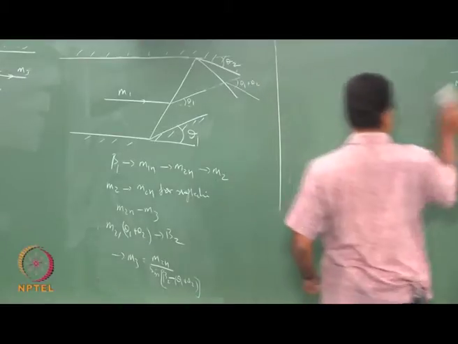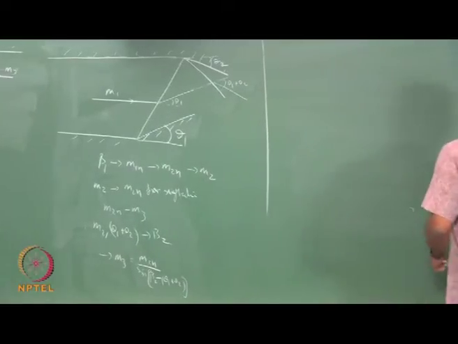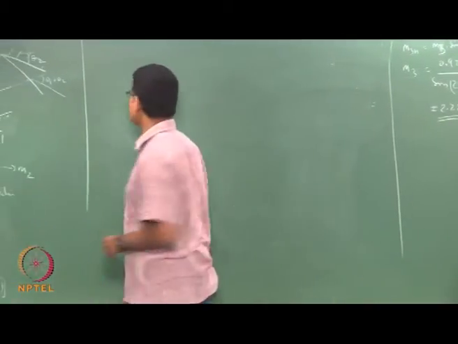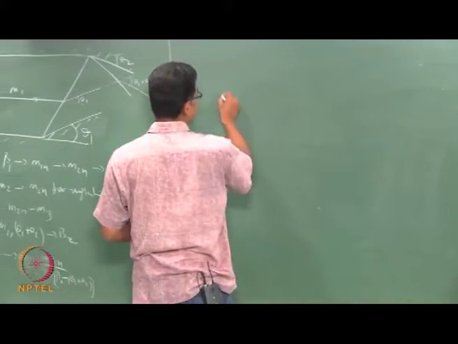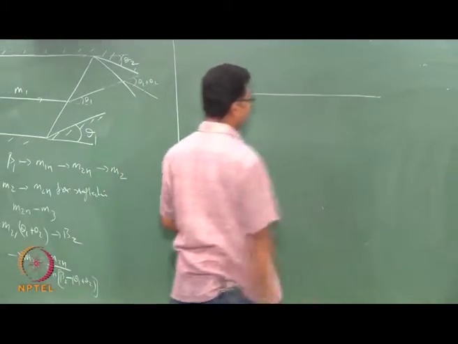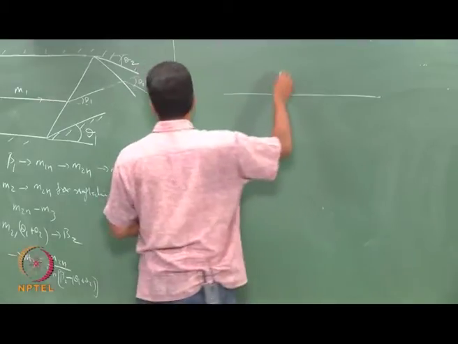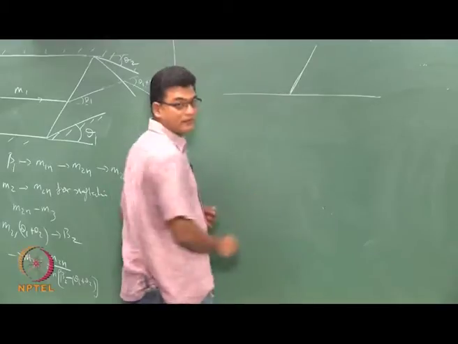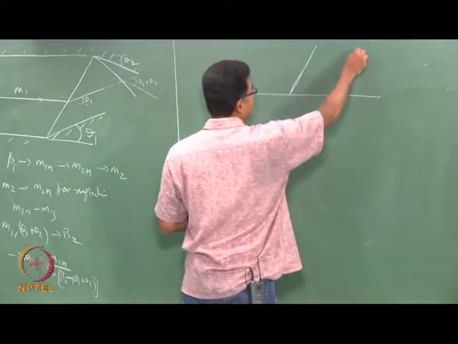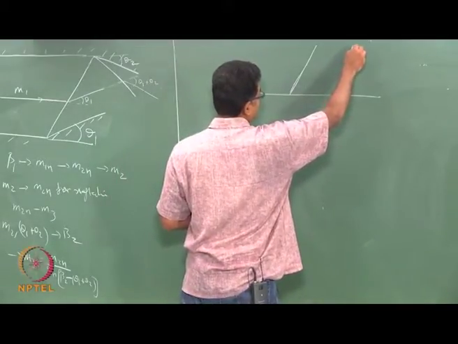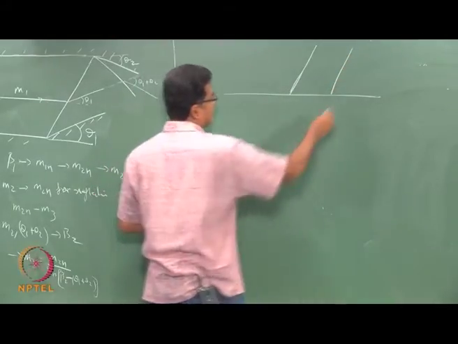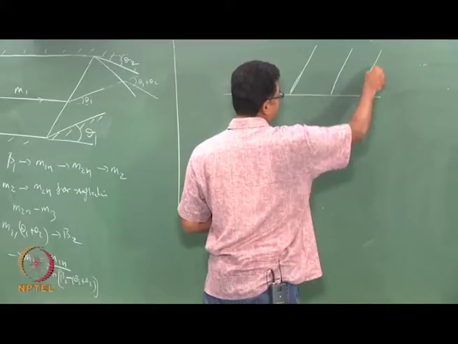Now we are going to discuss something called series of shock waves. So if I have a series of shock waves, what would be the Mach number after that? So if I have a plate, I have a first shock, then I have another shock, then I have yet another shock.